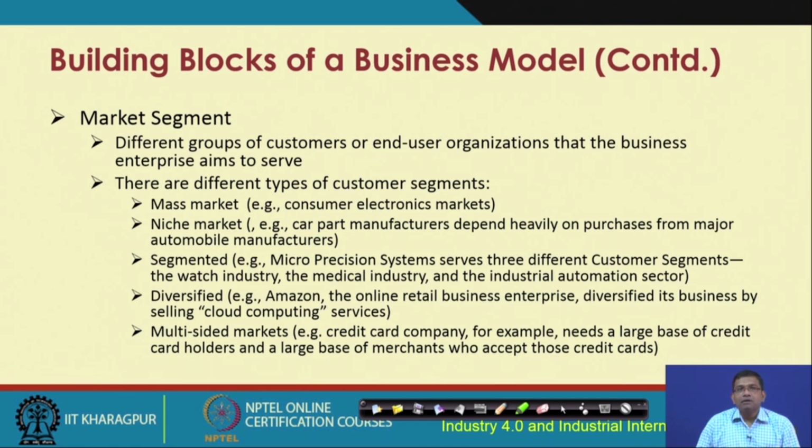For example, one customer segment could be the mass market. Mass market means the whole market that is going to be considered; for example, the consumer electronics market is an example of a mass market. Niche market means the specific type of market that will be considered by the business.